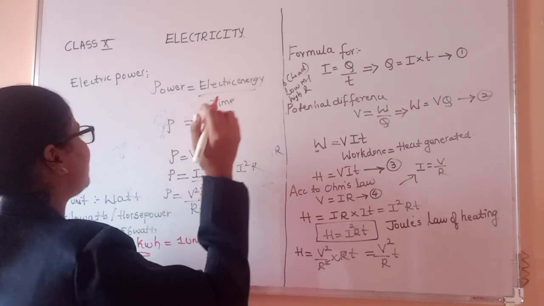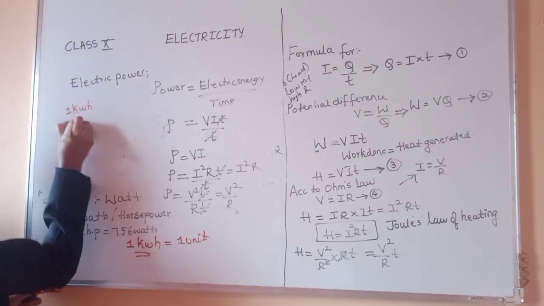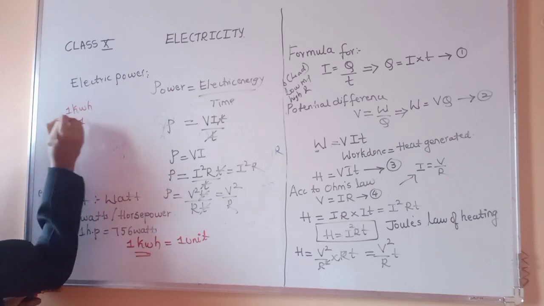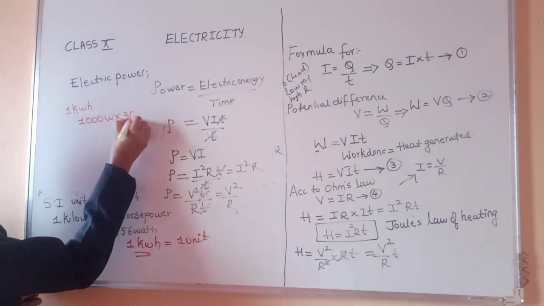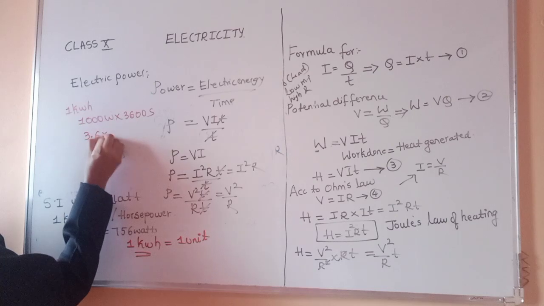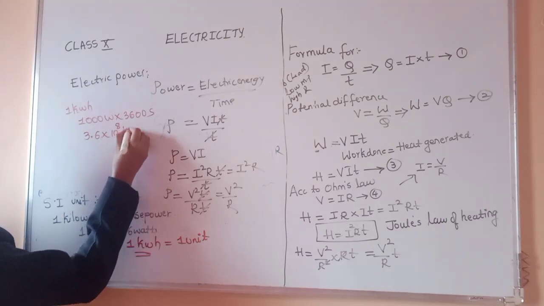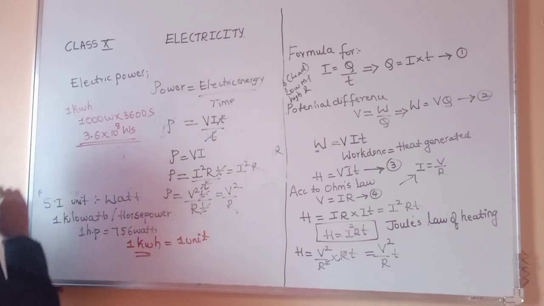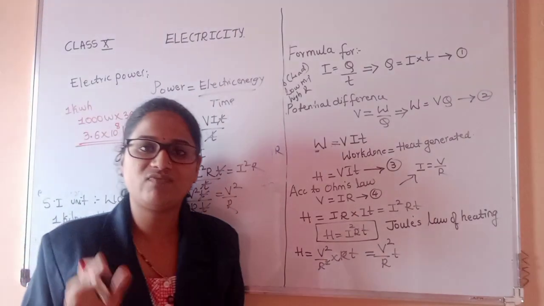When we simplify, 1 kilowatt means 1000 watt into 3600 seconds. When you multiply and solve, we get 3.6 into 10 raised to 6 watt seconds. So this is the simplification of 1 kilowatt hour.